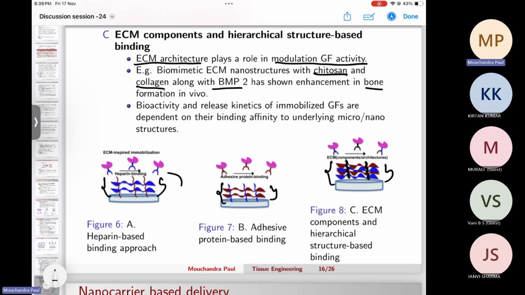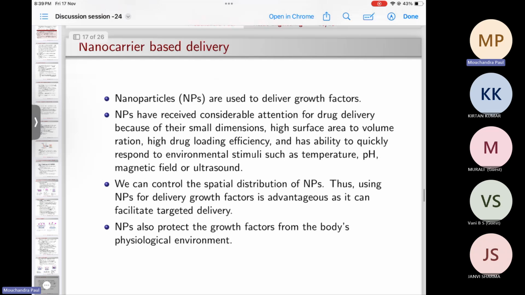Okay, so in this way, we have looked into how immobilization of growth factors onto the scaffold can be achieved. Now, the next way of delivering growth factors is using nanoparticles. I hope you understand what nanoparticles are.